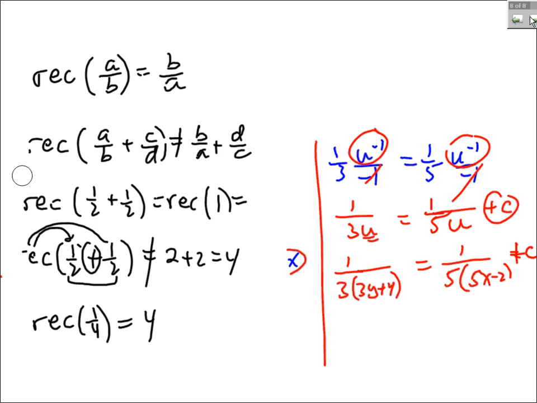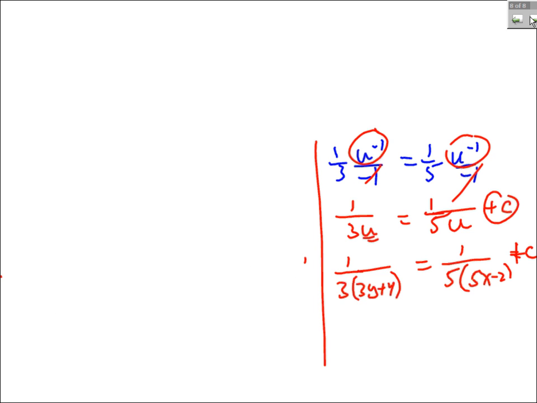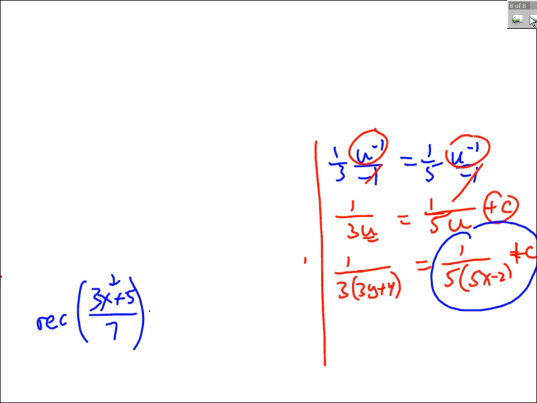So why am I saying this? I'm saying this because when you want to take the reciprocal of the sum, you're in trouble. Now, of course, if you had 3x plus 5 over 7, there's the sum, but everything's over 7. The reciprocal is okay. Why? Because you can think of 3x plus 5 as one term, which makes it a factor.